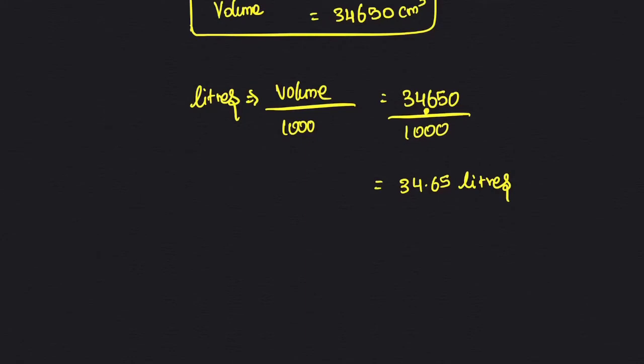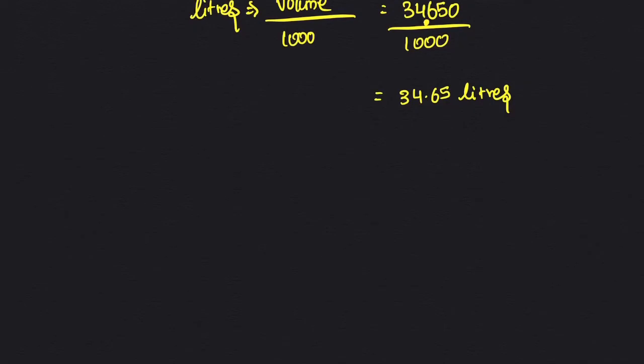The important point is 1000 centimeter cube is equal to 1 liter. The final statement: the cylindrical vessel can hold up to 34.65 liters of water.